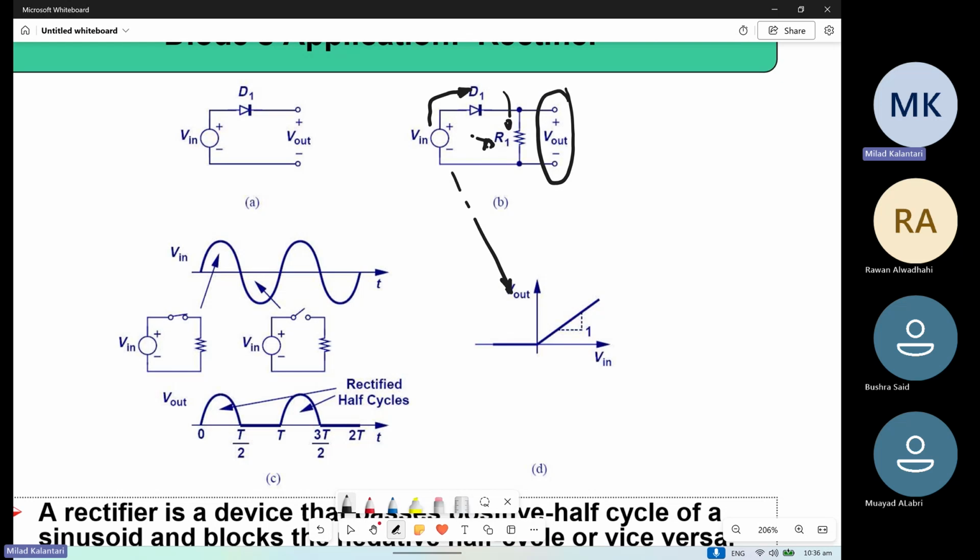And how about the negative cycles? For the positive cycle, the diode is on, passing the current to your load. But for the negative cycle, there is no current, so this voltage would be zero because there is no current inside the resistor. But at the same time, since there is no current, you are not wasting any current in the negative half cycles.